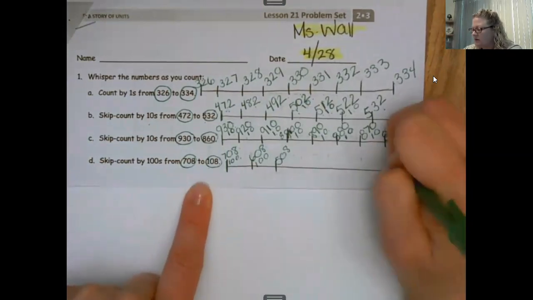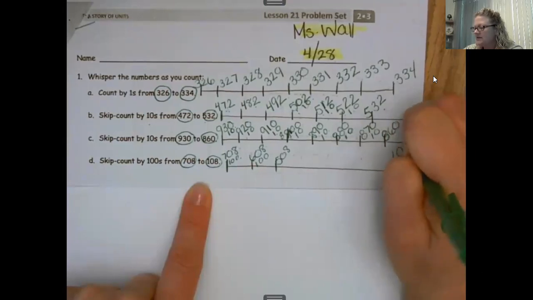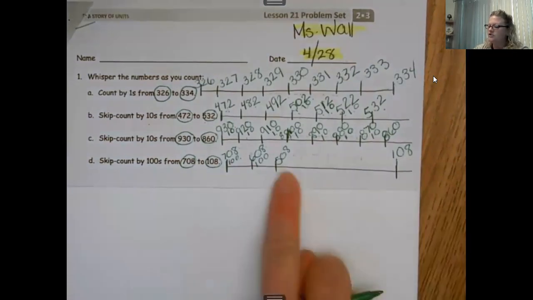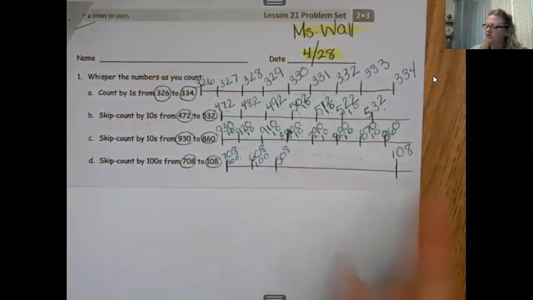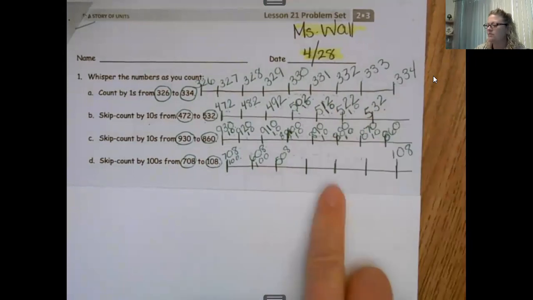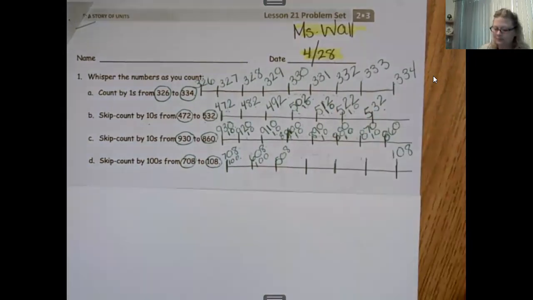I'm going to write the number 108 at the end. Go ahead and do that. So that's where you remember to stop. And then I want you to finish. What's going to come next? You are going to have 3 more numbers. So what 3 numbers go there? Okay. So go ahead and give that a shot. And when you're done, check the next video for part 2.